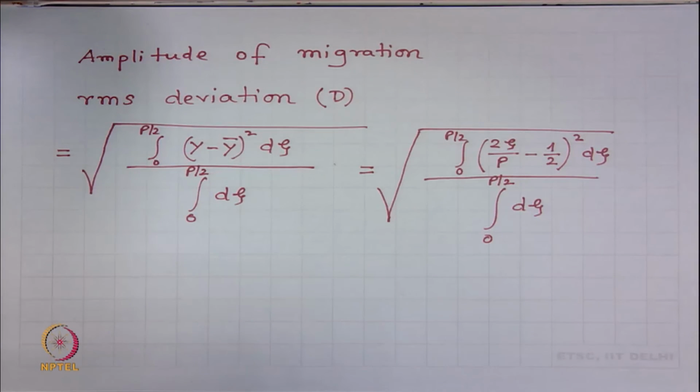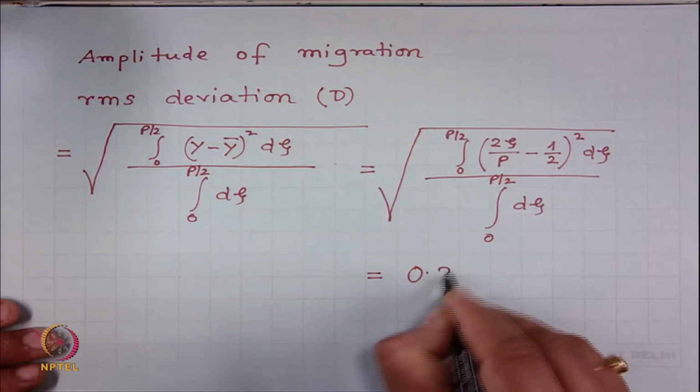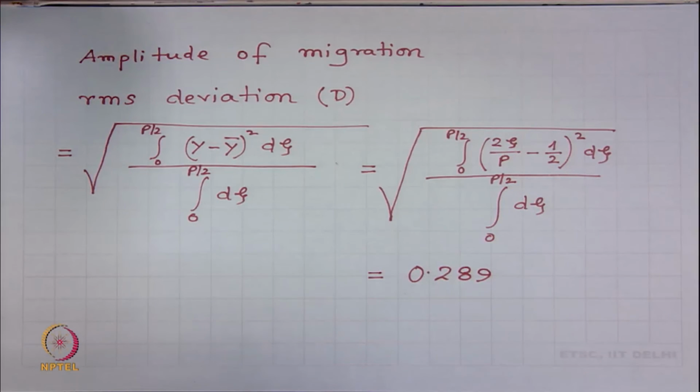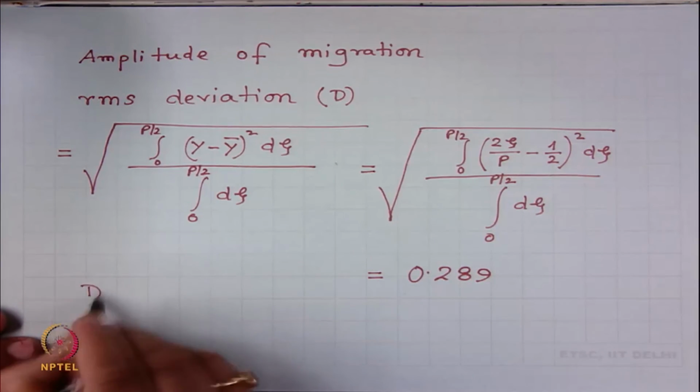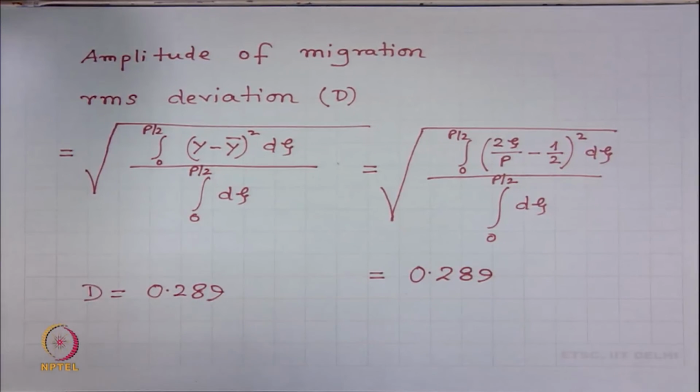So, if you integrate this, you will get this value. D is equal to 0.289 in case of this. There is the amplitude of migration.